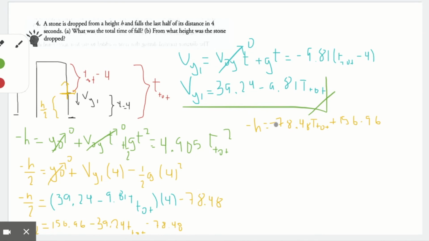Now, if we look at this yellow part and this green part, we have minus h on both sides. So we can equate these 2 things.